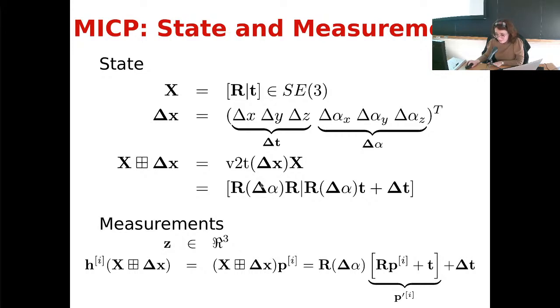Then R delta alpha is the identity, and delta t is equal to 0. So that here you have that when delta alpha and delta t are equal to 0, then x box plus delta x is equal to RT, which is exactly x.